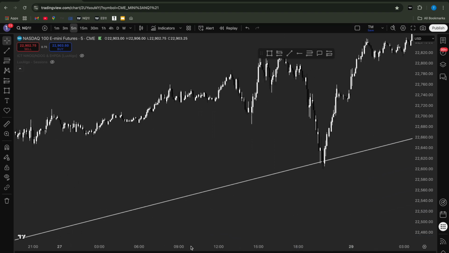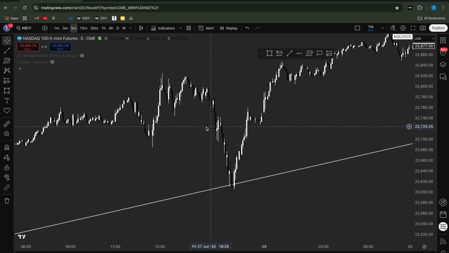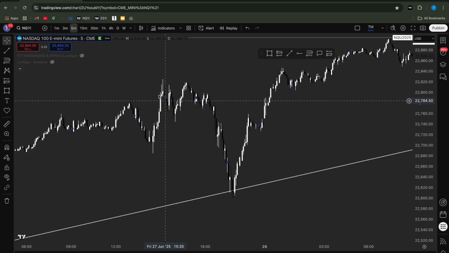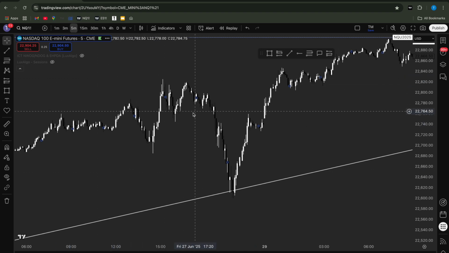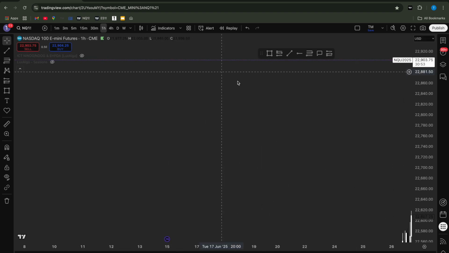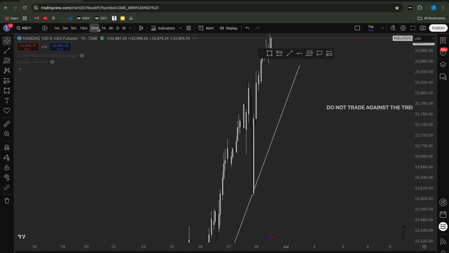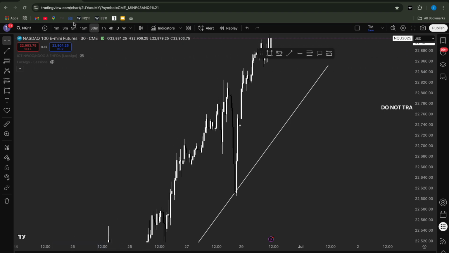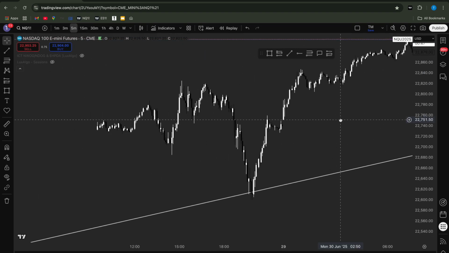If you went on the 5 minute, you might look at this and think, oh, we're not in an uptrend, we're sweeping lows. But you'd be wrong, because you're on the 5 minute chart, and anything below an hour, for your trend. So that's just simply price retracing.